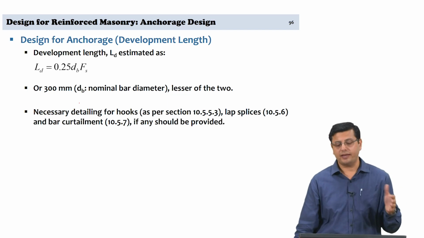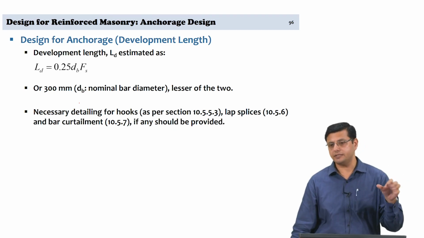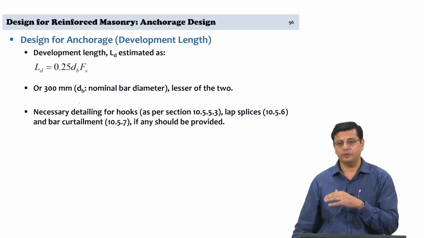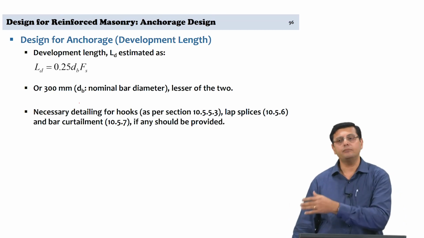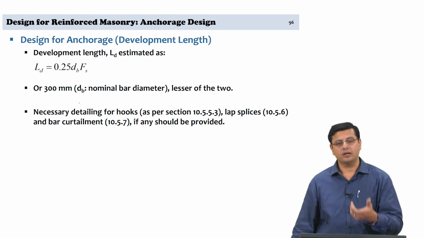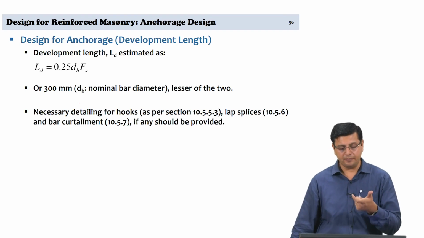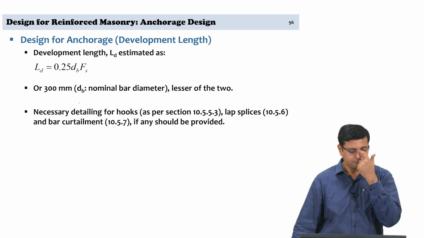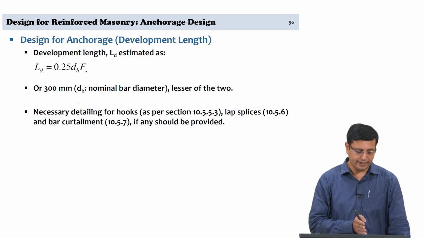So that is where it would be instructive to examine design of a single storied structure which has a certain distribution of the shear walls and a multi-storied structure with a distribution of shear walls, and then arrive at what are the design forces required for the masonry walls that you would be designing. So with this, the component level design aspects are complete.